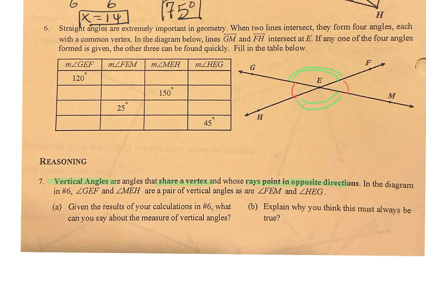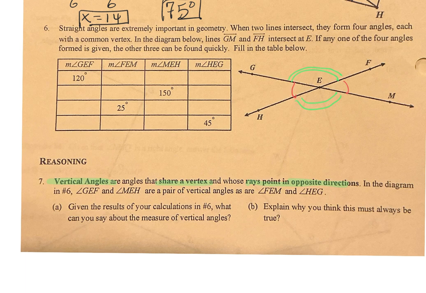You follow? Now, why am I bringing that up? Huge, huge thing: they're equal to each other. So red is equal to red, and green is equal to green. When you have 2 lines that intersect at one point, they always form vertical angles that are equal to each other.